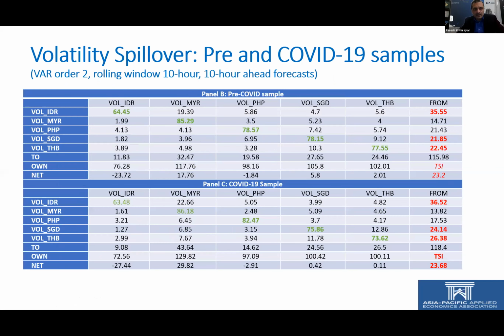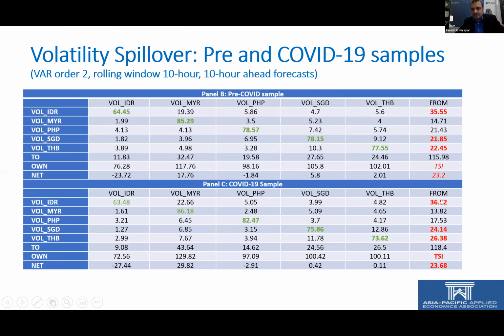So here's a split of the pre-COVID sample versus the COVID sample. And again, what you see is, if you focus on Indonesia, 35% of the variation in the exchange rate before the crisis was due to other shocks in the exchange rates.